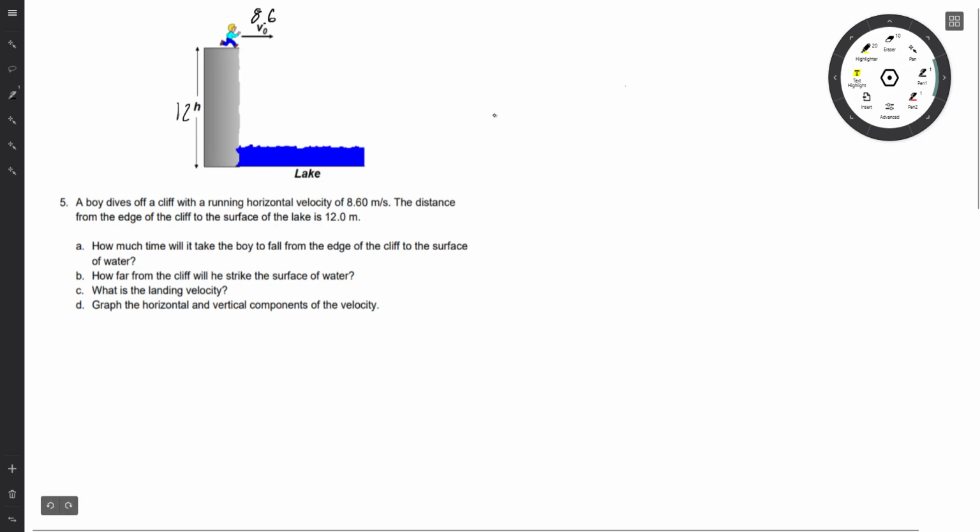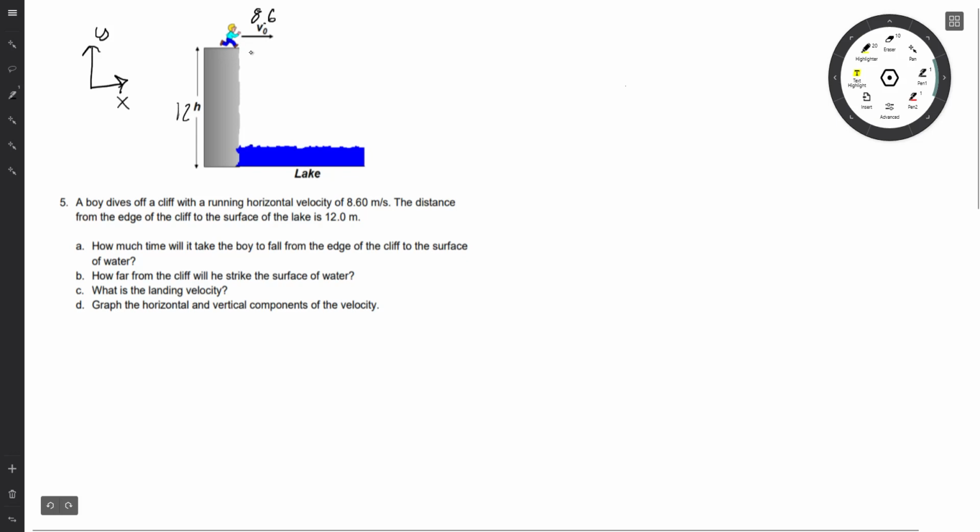Okay, so we can begin our problem by saying that we're going to use this equation here. I'll replace the x with a y because we're talking about vertical displacement. And I'll call this positive y and this positive x. That gives us a coordinate system that we know is going to be consistent with what we're doing.